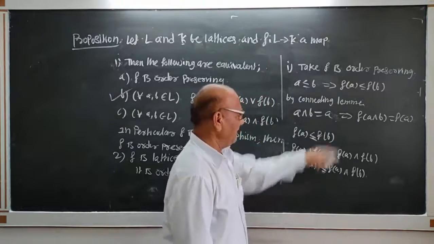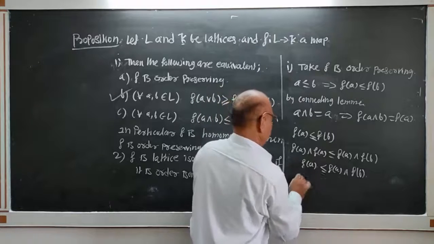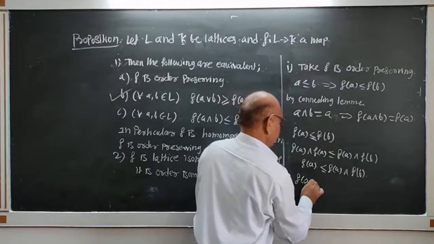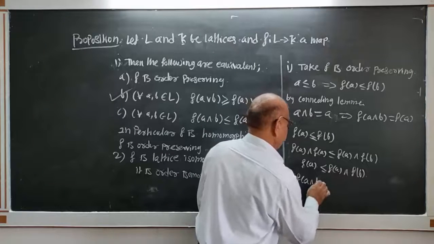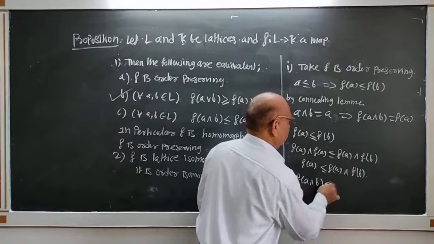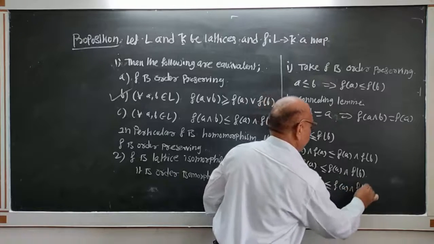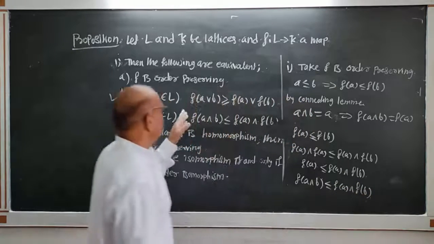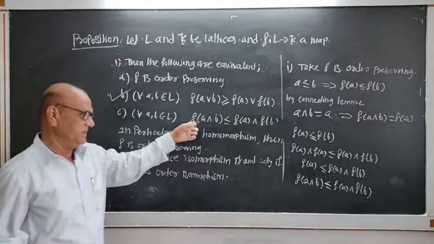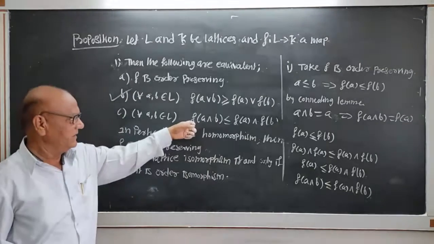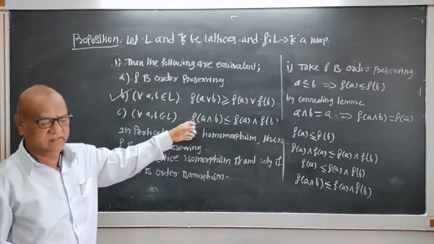Here, put the value of f(a): f(a) is equal to a meet b. So f(a meet b) is related to f(a) meet f(b). We get this result.